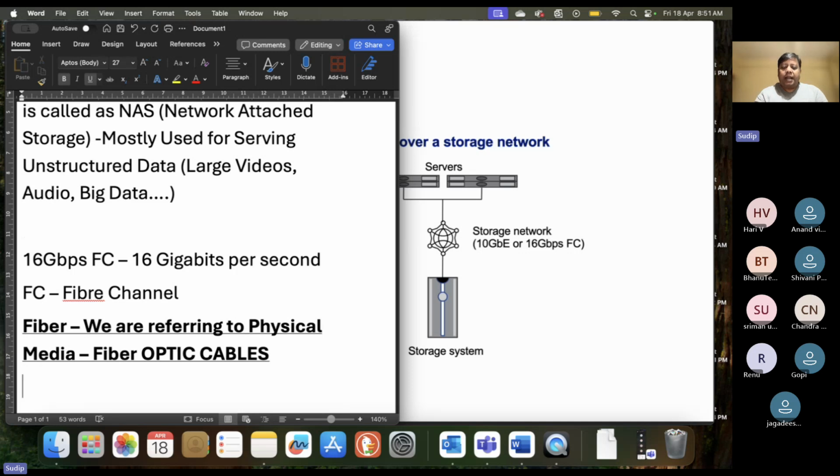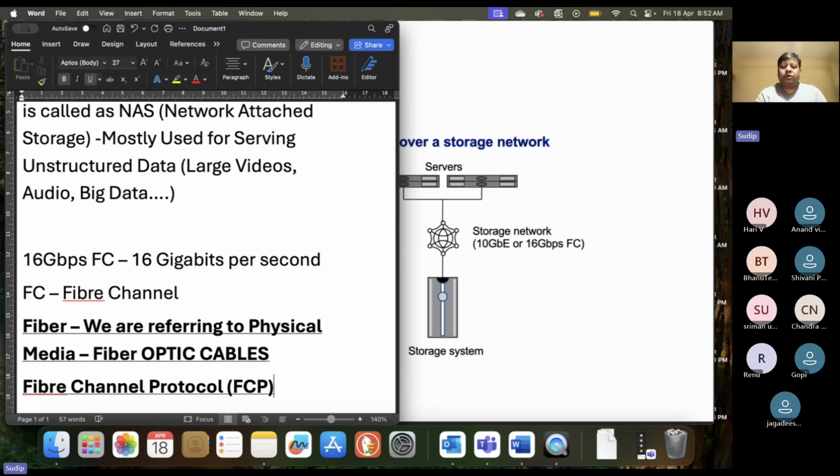And if you notice, when I was writing FC, I didn't write fiber, I wrote fibre. This fibre channel is actually a protocol, and it stands for FCP, Fibre Channel Protocol.